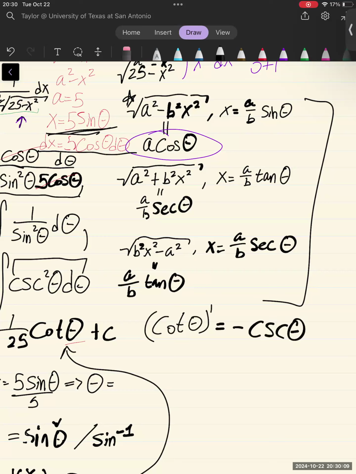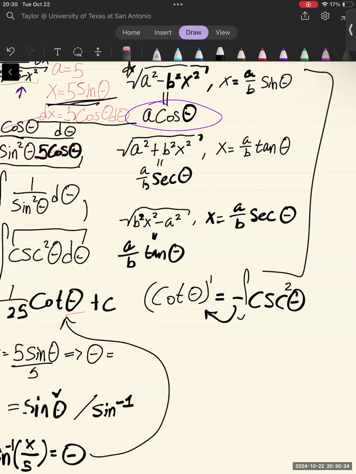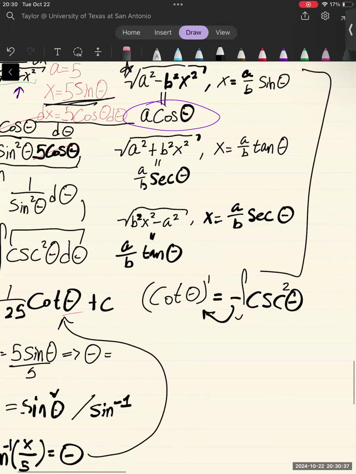And so if you recognize that, this minus goes to the other side, I integrate, and I get, I'm sorry, cosecant squared. So when you integrate this, you just go back the other way, and the minus sign would go to the other side as well. Make sense? Gotcha. Okay. You can tell me if it doesn't make sense.